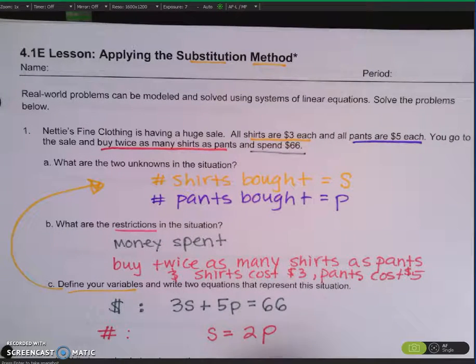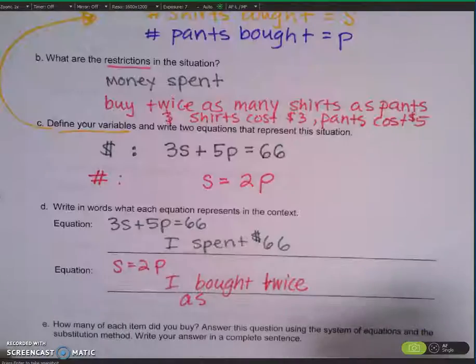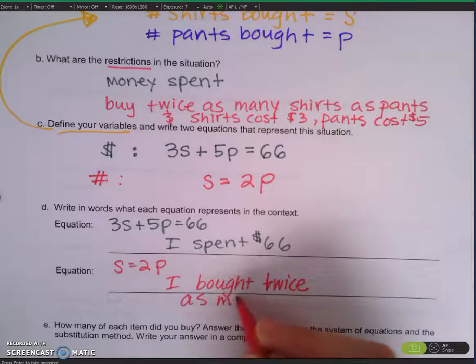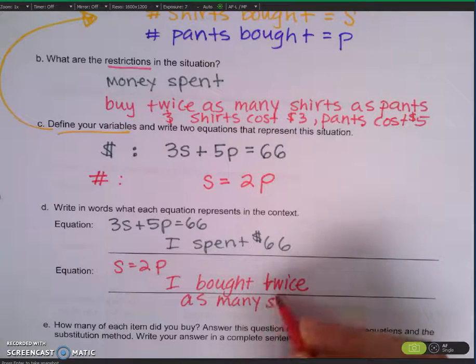What does that represent? I bought twice as many shirts as pants.